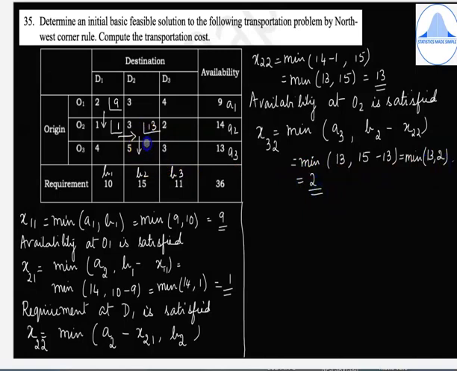Next write 2 here. So 2 doesn't match with 13 nor does it match with 15, but in this particular column, when we add 13 and 2 you get 15, which matches with the requirement at D2.